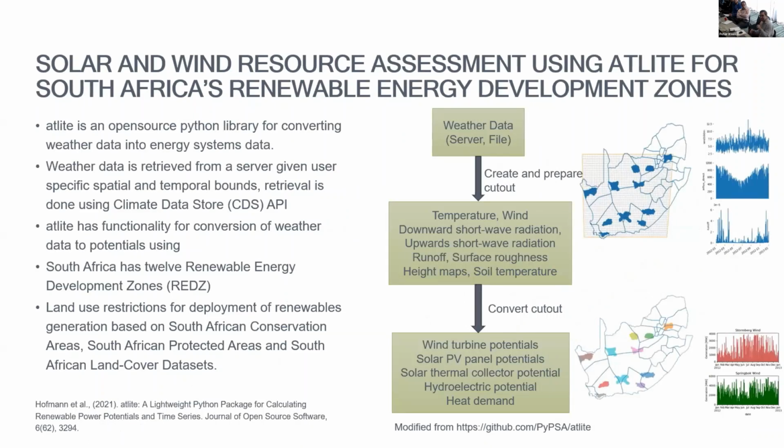On a similar scale, where before we were using the CSR solar wind data, now we've started to integrate the Atlite module, so we can now figure out what the renewable profiles are in the different supply areas. So essentially what you can do is you provide Atlite your shape files, and then for whatever shapes you would like to investigate, you can generate power profiles associated with those.